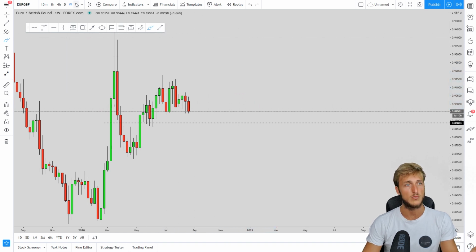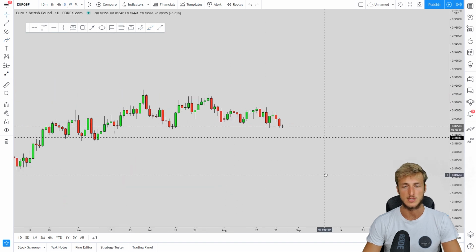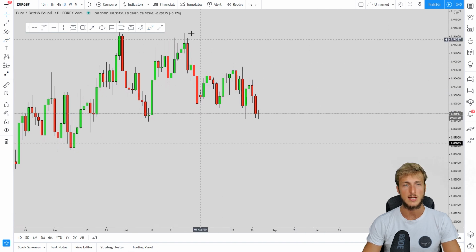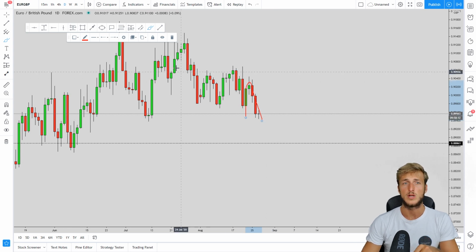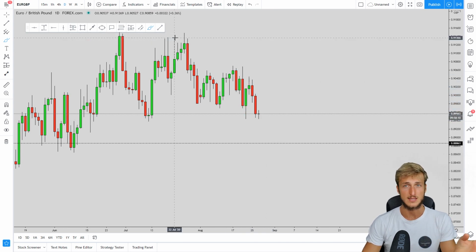In fact, if we go down to the daily, what can we see? On the daily time frame, we can see that this correction here is exactly the wick that we have on the weekly, and we expected the continuation to the downside. In fact, what did we say in our two previous analyses that we made here on Euro GBP?